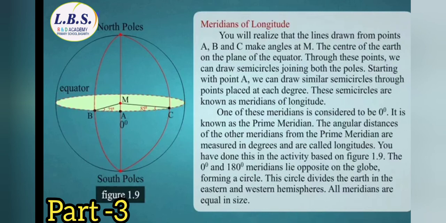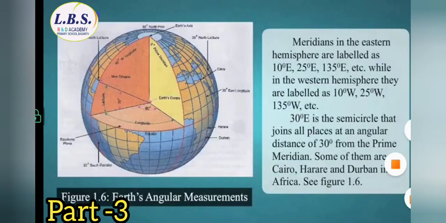The 0 degree and 180 degree meridians lie opposite on the globe, forming a circle. This circle divides the earth into the eastern and western hemisphere. All meridians are equal in size. Figure 1.6, Earth's angular measurements.